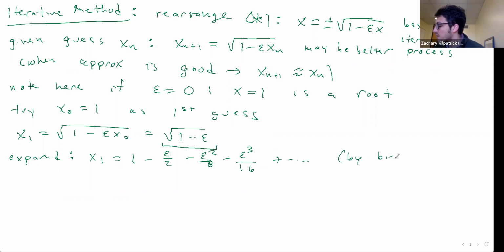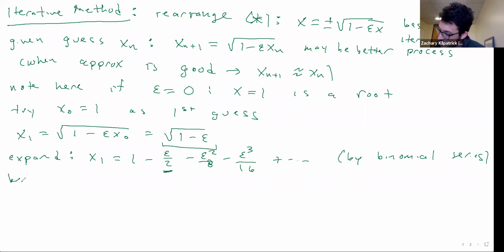Essentially, again, I'm going to do this by the binomial series. Then I have a power series expansion. Usually, at each step in the iterative process, you keep another term. We don't necessarily want to keep all of these terms, but because we started with 1, let's just add on epsilon minus 2 now.